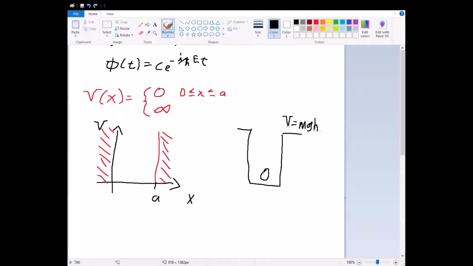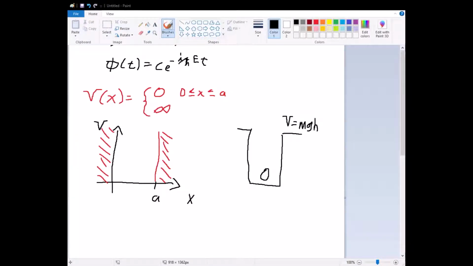If we say this hole is infinitely deep, then the height is going to be infinite at the top of this well. Therefore, the potential will equal infinity outside of our well and equal 0 on the inside of our well. This is the exact same scenario that we're describing here. So we can think of this physically as having some sort of ball in this infinitely deep hole.